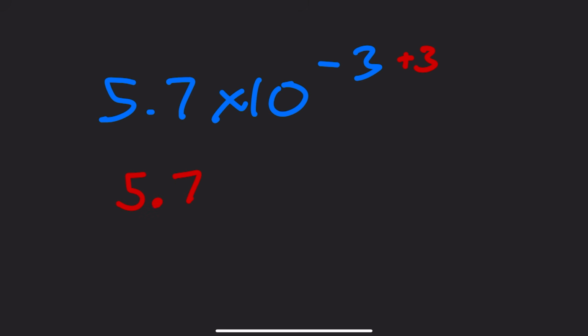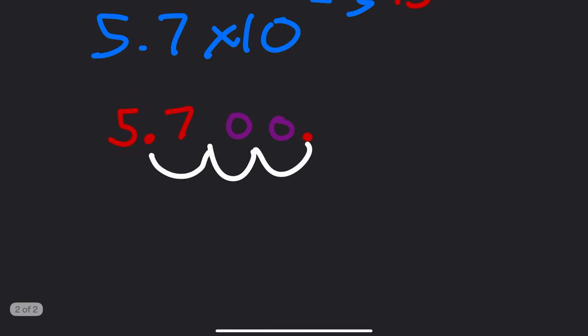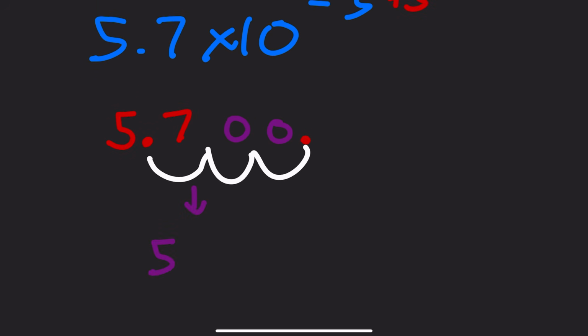So if I rewrite 5.7 and move it 3 places to the right, 1, 2, 3, and then my decimal point will be right there. So I'm going to add a 0 and a 0 in those spaces, okay? And then now, if I want to rewrite it one more time to make it more clear, it's going to be 5.